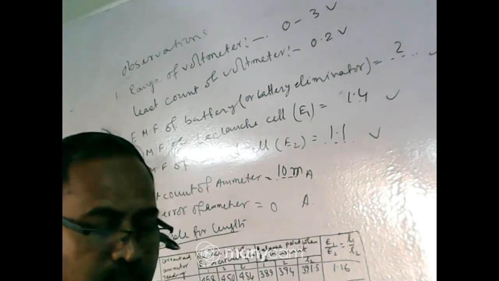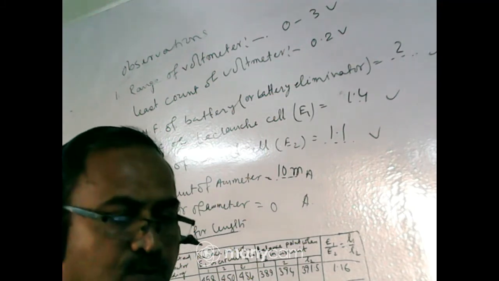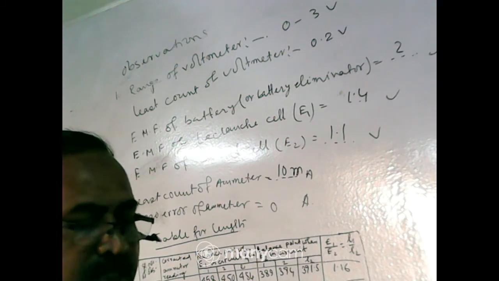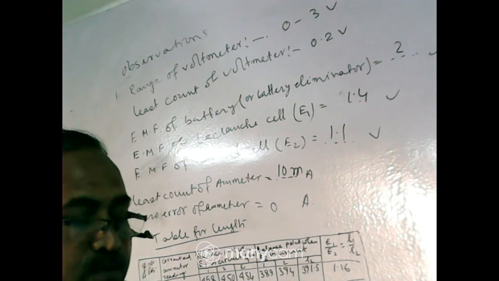According to your CBSE latest syllabus, the third practical is to compare the EMF of two given primary cells using a potentiometer.